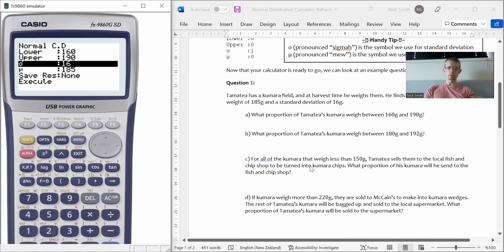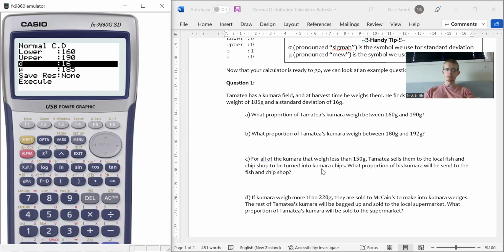It says for all the kumara that weigh less than 150 grams, talks about taking them to the fish and chip shop, what proportion will be sent to the fish and chip shop. So these are the small kumara, and they weigh less than 150. So that means that the most that a kumara would weigh to be sent to the fish and chip shop, the most that it could weigh would be 150.